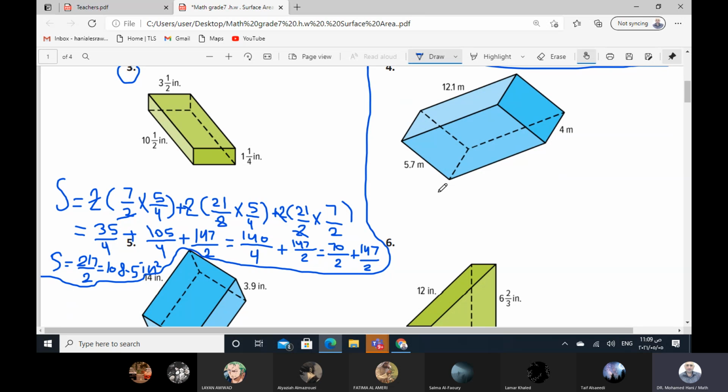Number 4. The surface area equals: we have this face congruent with this face, so we can write 2 times the area of the face.